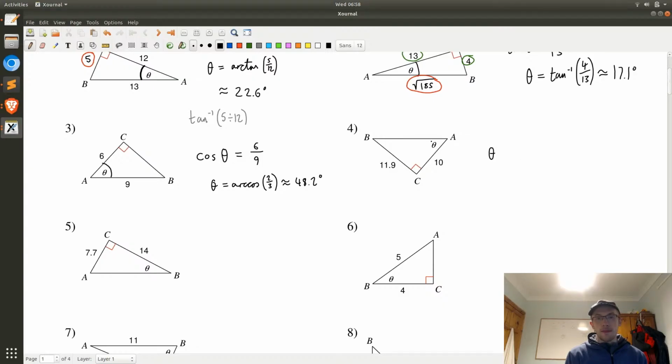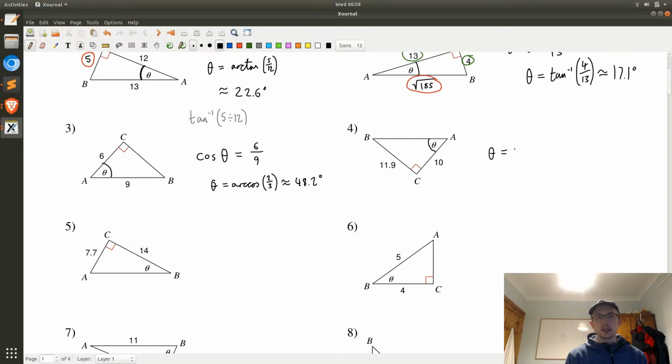Here, we have opposite and adjacent. So, use tangent of theta. Tangent of theta equals 11.9 over 10.